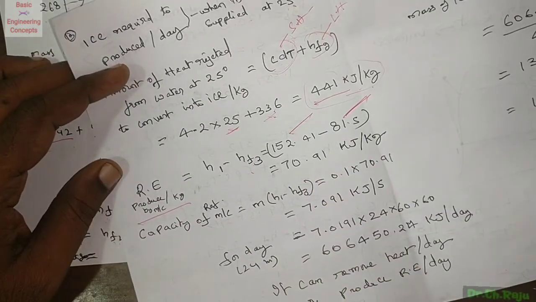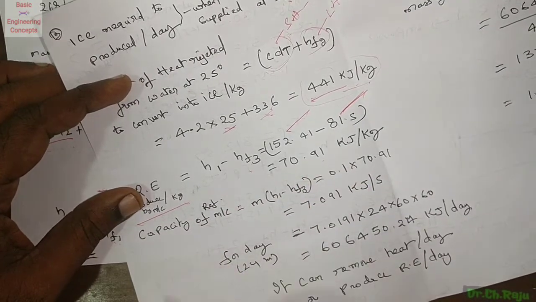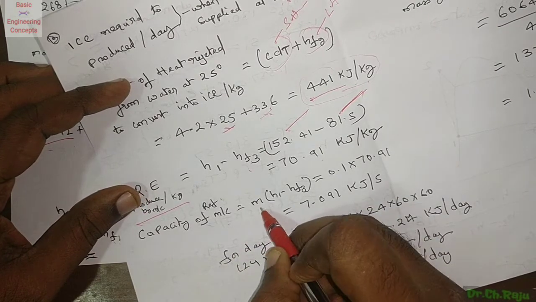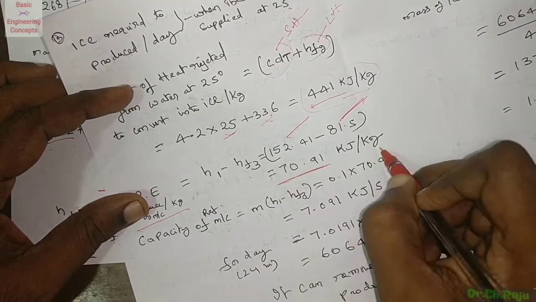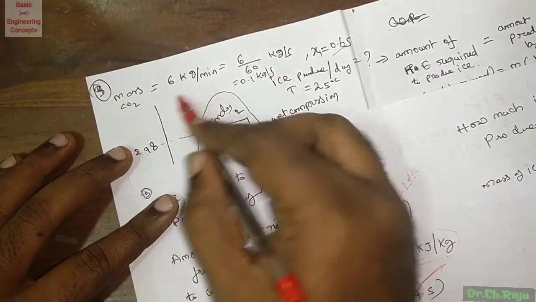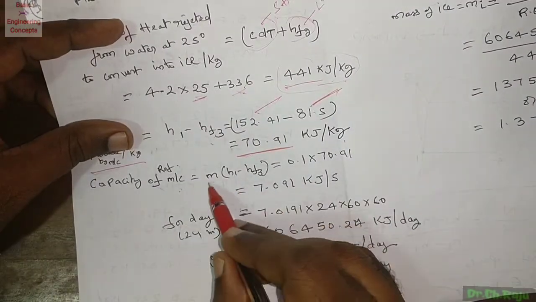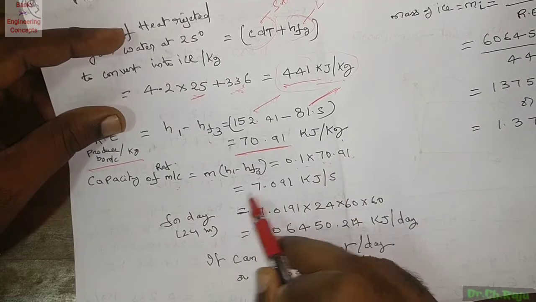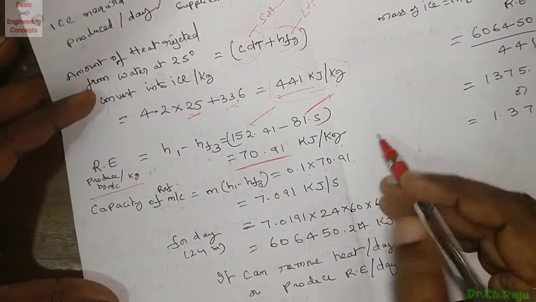Once the refrigerating effect produced per kg is calculated, you can calculate the capacity of the refrigeration machine. The mass of the refrigerant circulated is 6 kg per minute, so the capacity of the refrigeration machine can be calculated as mass into H1 minus HF3, that is 0.1 into 70.91, which is equal to 7.091 kilojoules per second.